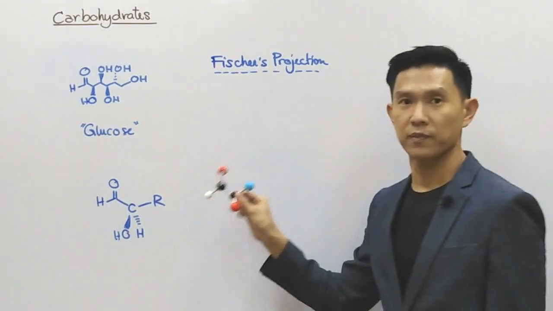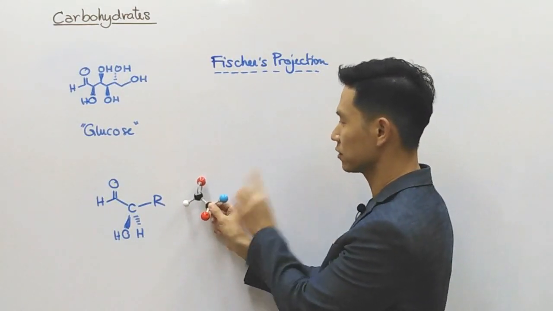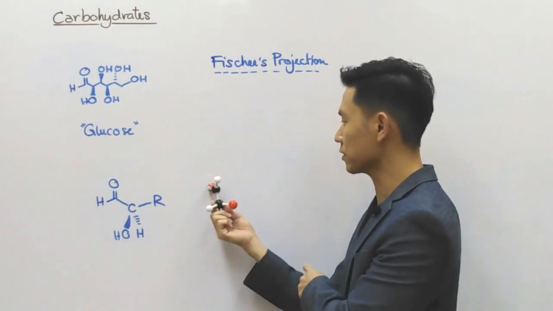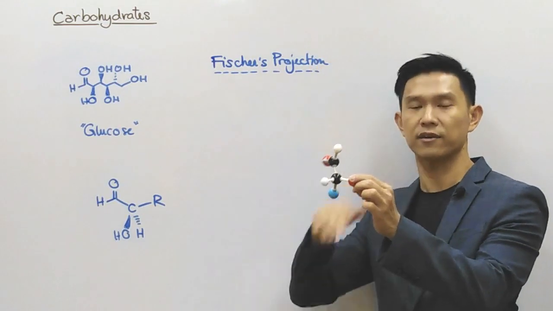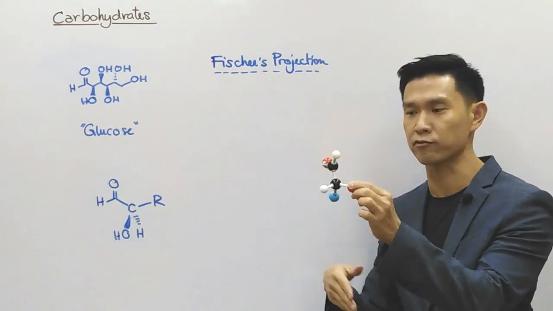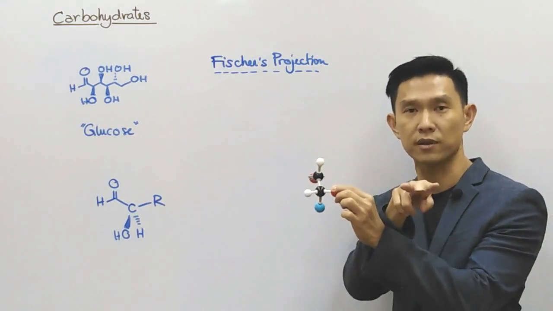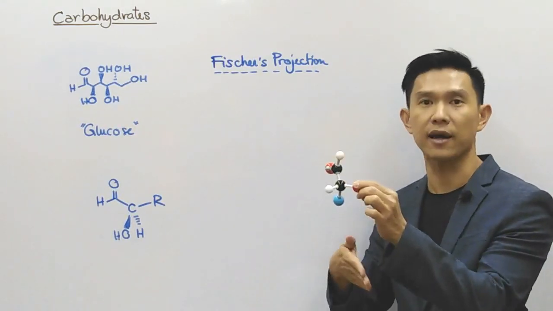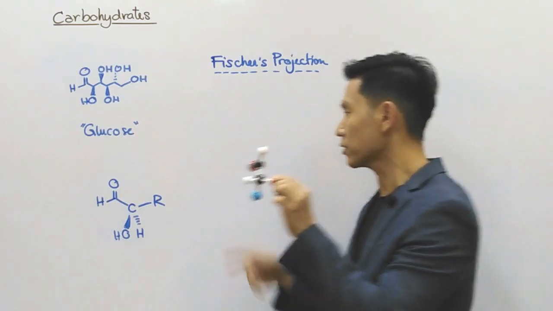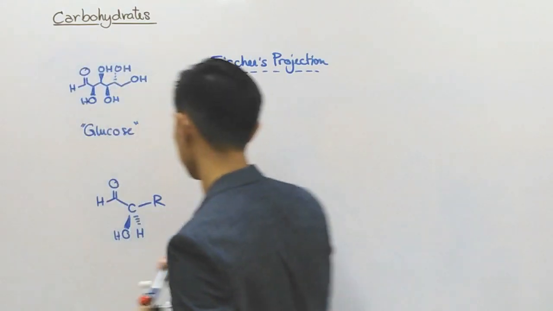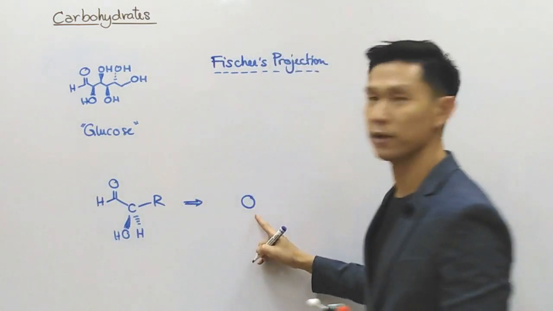Now from the picture here, I will just turn the molecule a bit in this direction. From this direction, as you can see, it's a kind of cross. The horizontal line of the cross points towards yourself, and the vertical line of the cross points outward from you. So in this kind of structure, we can redraw it with the central carbon here.